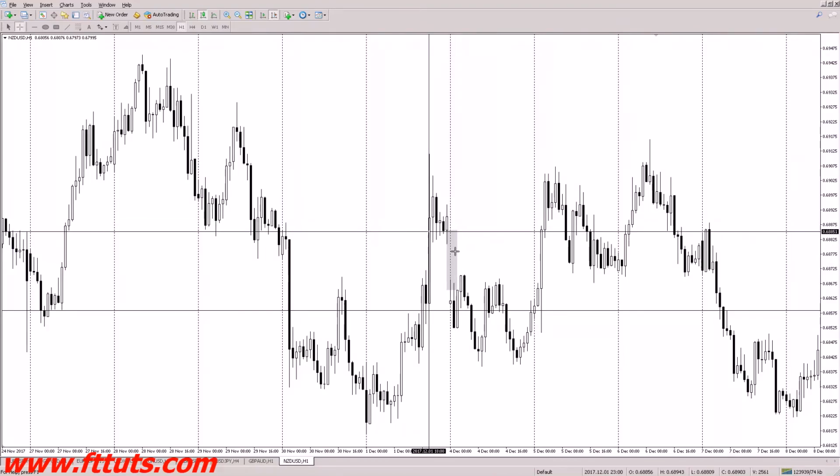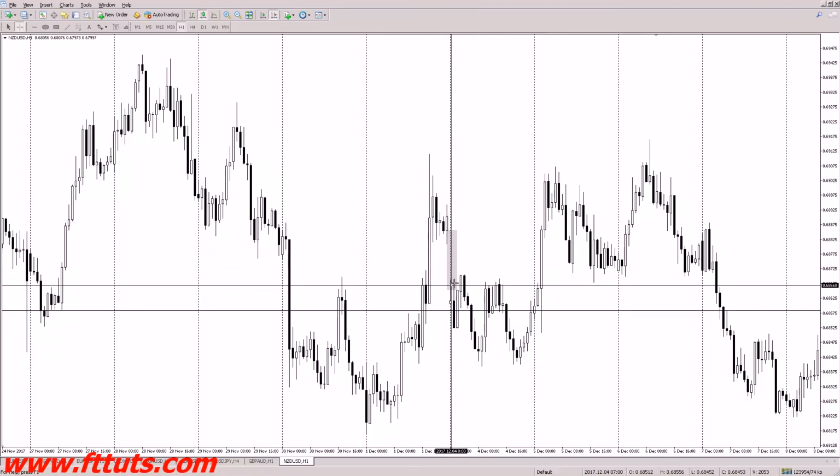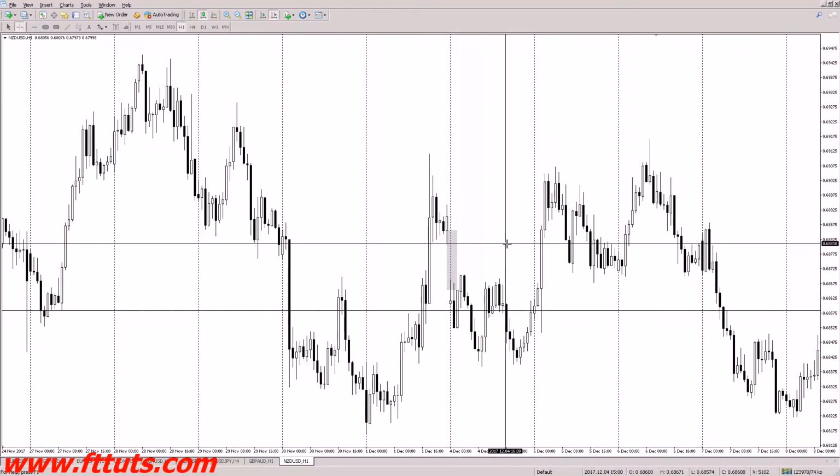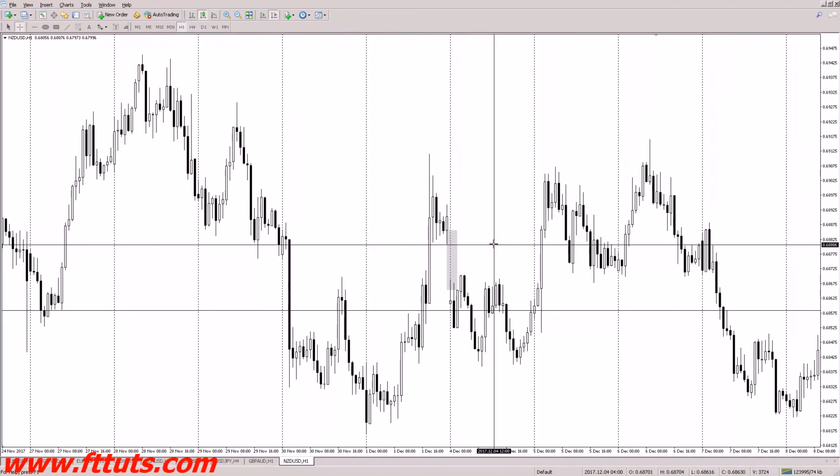Now, these gaps won't always be filled, guys, all right? They won't always be filled immediately, but usually they will be filled eventually. But this just gives you another good area to target that is inside the range. Okay, guys? You want to be targeting these areas also. So don't just target these willy-nilly.